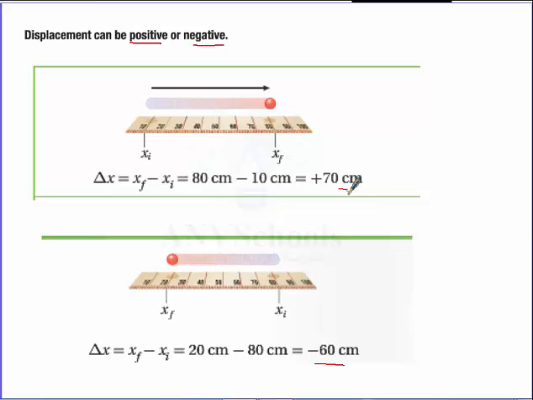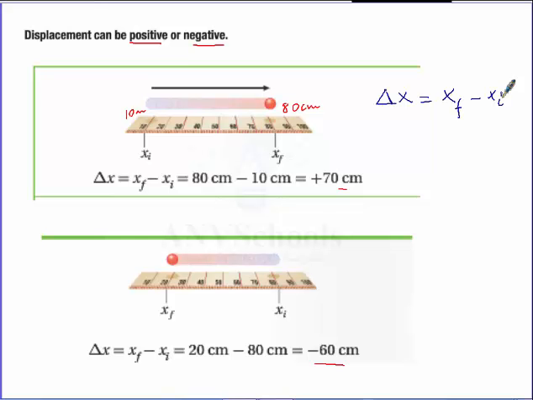In this case, there is an object which was initially at a distance of 10 meters from the origin, and the final position is 80 centimeters. As we know, the displacement of the object is expressed by the difference between the final position and the initial position.